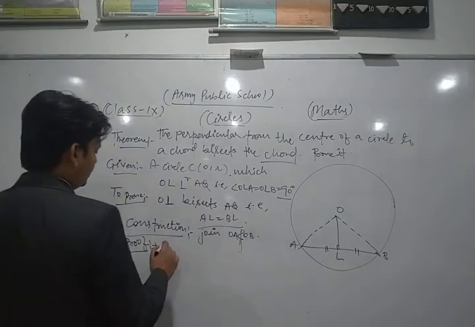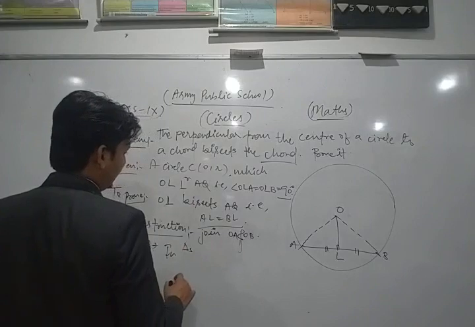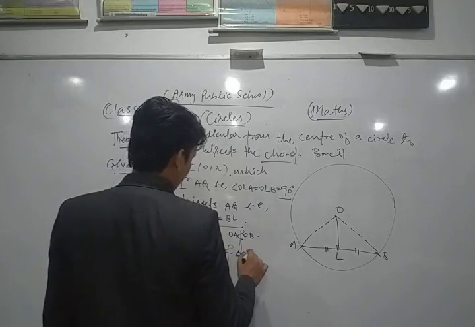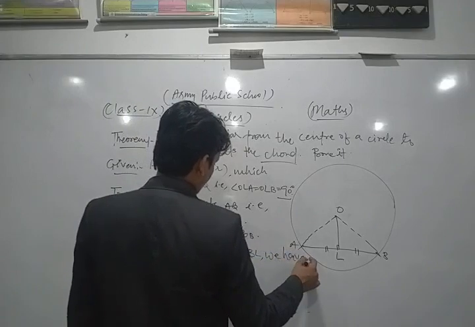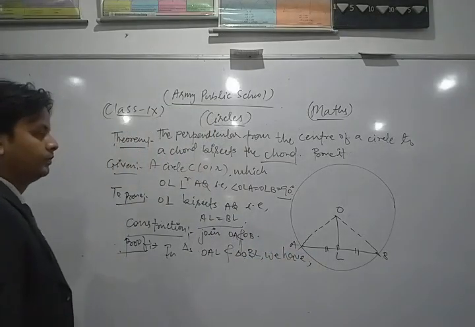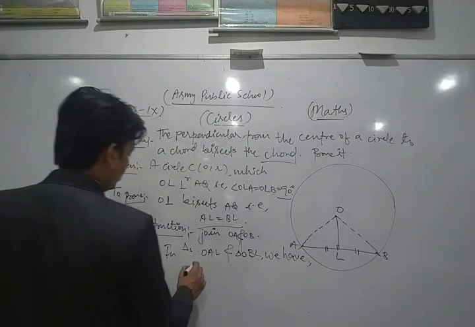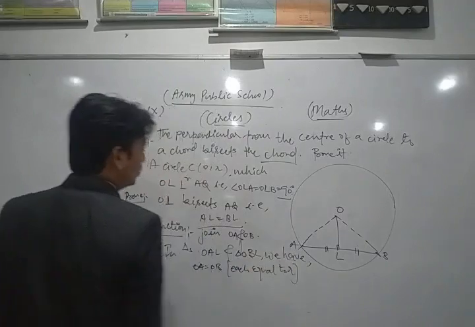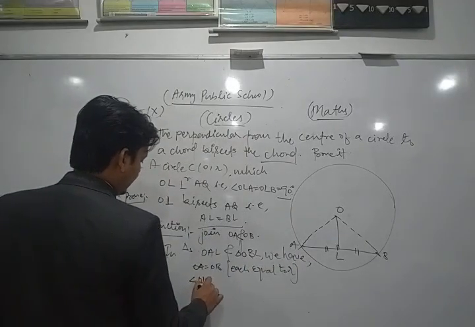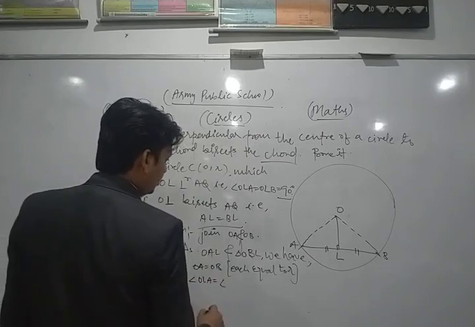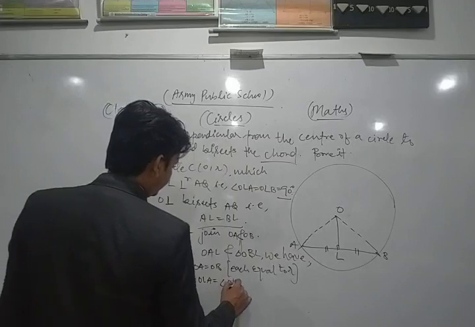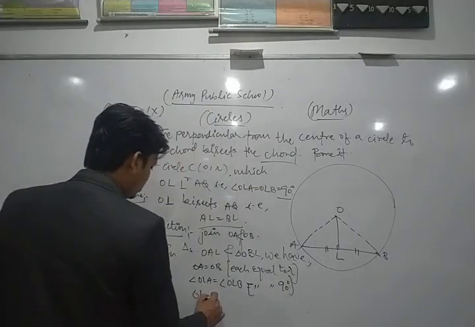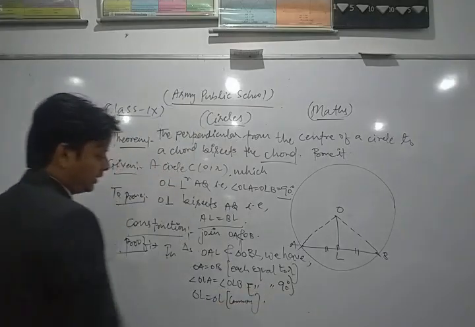Now in triangles OAL and OBL, we have OA is equal to OB, because each is equal to R. Angle OLA is the same as angle OLB, each equal to 90 degrees, and OL is equal to OL, which is common in both the triangles.